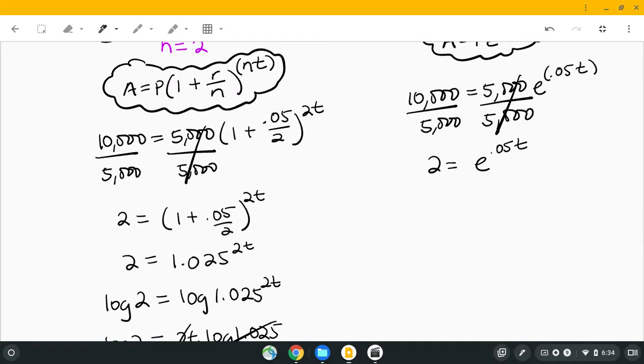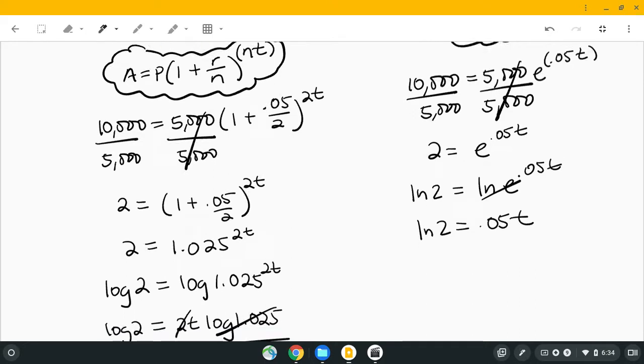We're solving an exponential, so we have to take the log of both sides. Since that's base e, I'm going to use ln this time instead of common log. So I'm going to take the natural log of both sides, and that will cancel out. So we get ln 2 equals 0.05t.